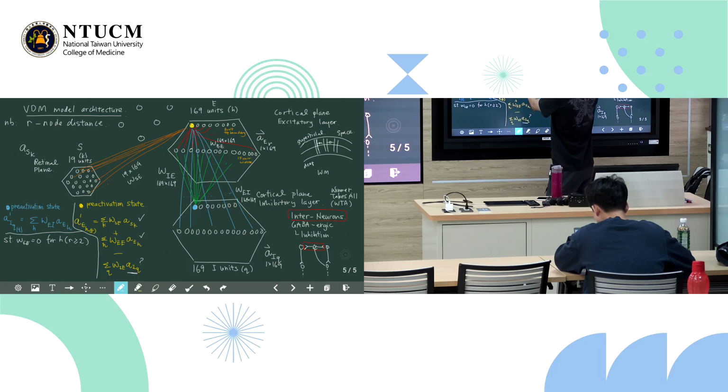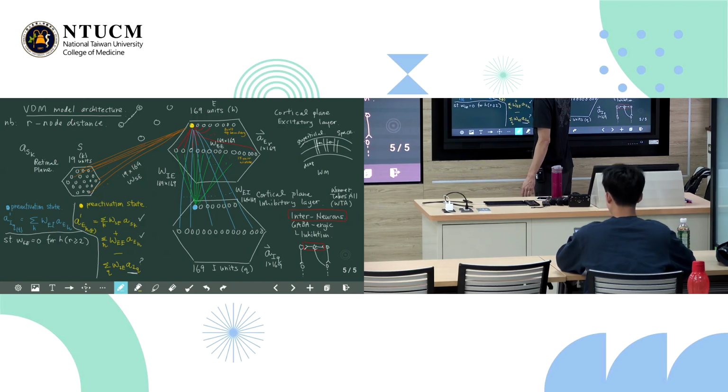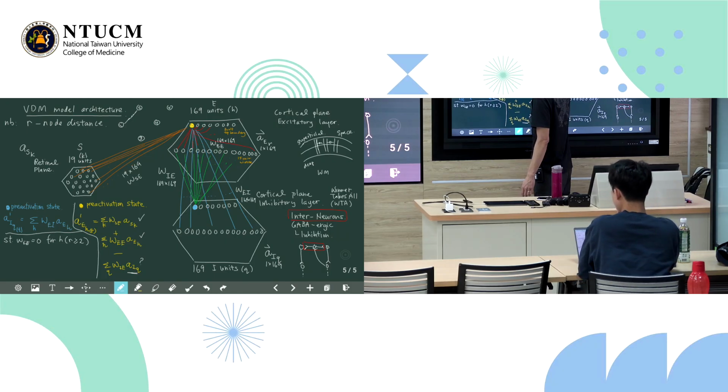I'm going to expand one portion of the hexagon, okay? And let's call this unit 1, 2, 3, 4, 5. Okay? This is going to be 1 distance. What is this distance? You can calculate it. You have to use geometry.